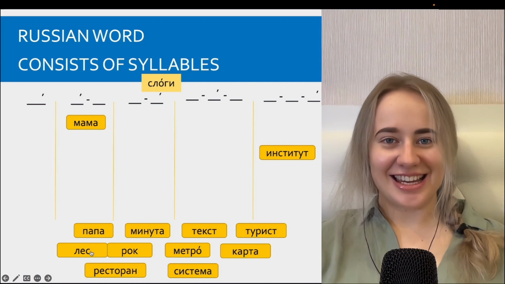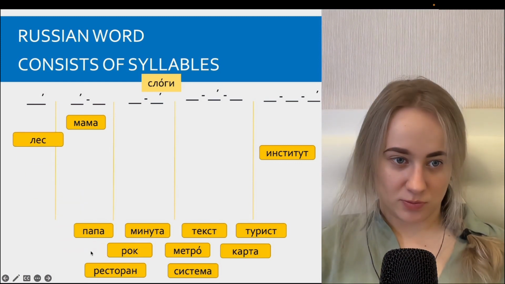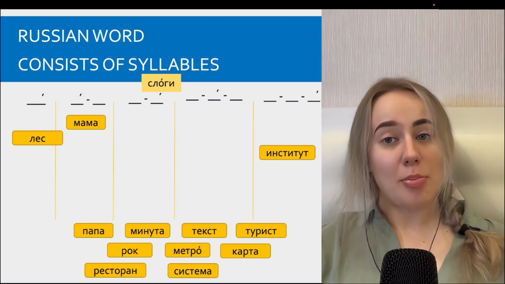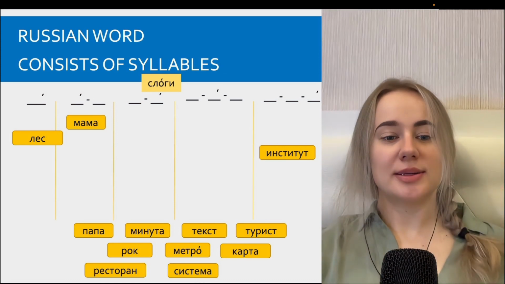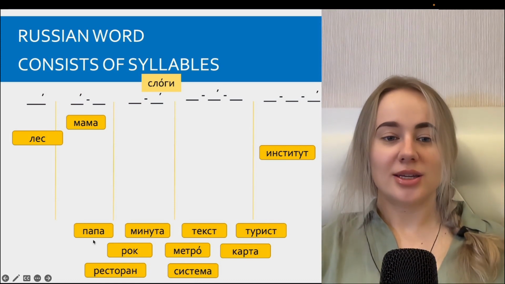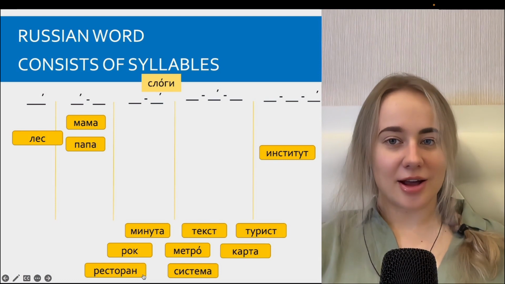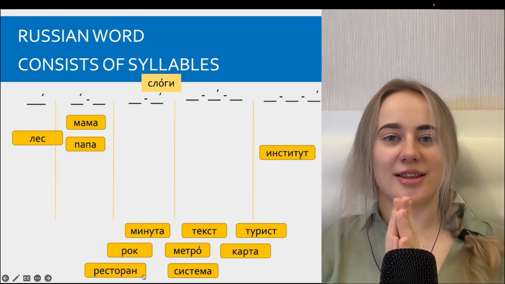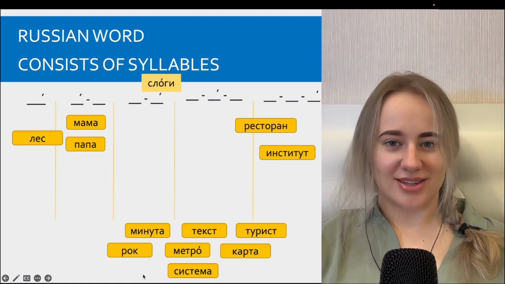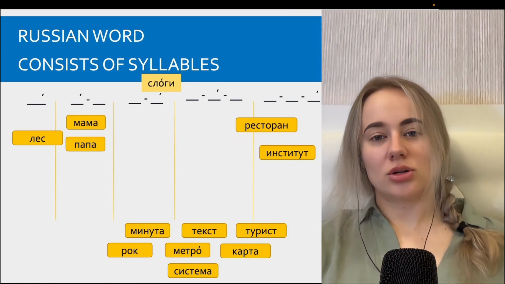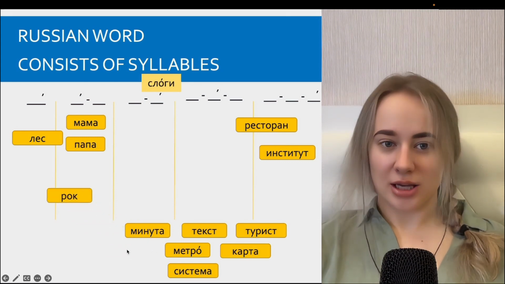Лес. One syllable, so this syllable is stressed. Папа. Two syllables. The first one is stressed. Ресторан. Three. Which is stressed? The third one. Рок. One syllable and it's stressed.